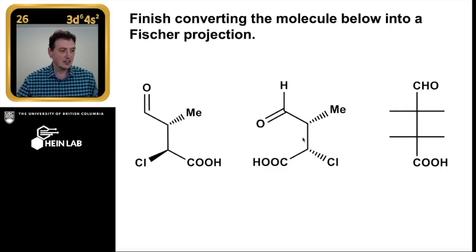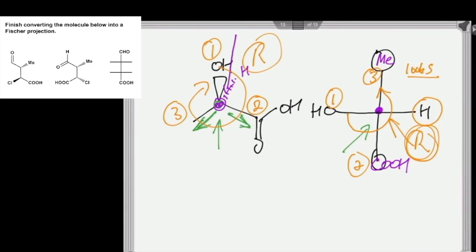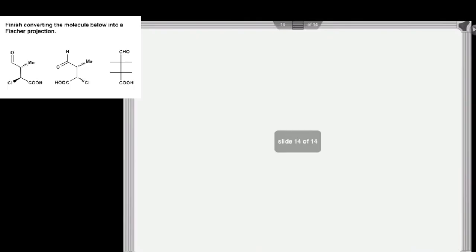Okay? So, working through something like this, once again, in order to draw these ones, I'm going to do this one on the iPad. If we had a molecule like we've shown over here with this aldehyde, to the back right now is our methyl group, and over here chlorine and carboxylic acid, COOH.